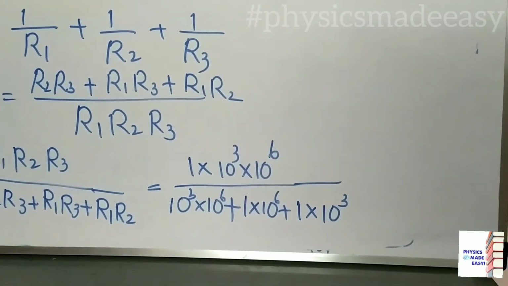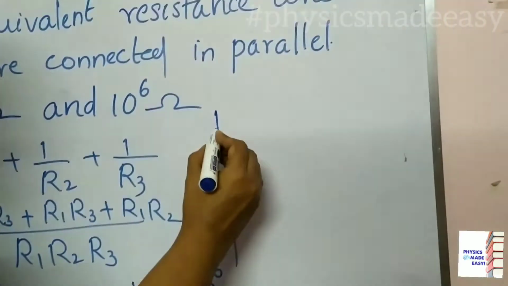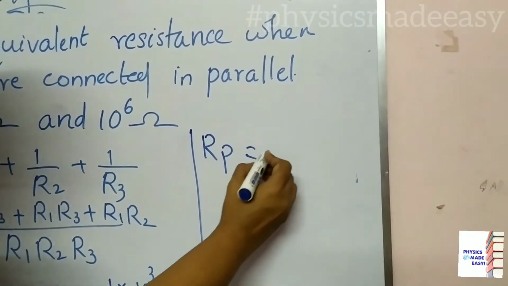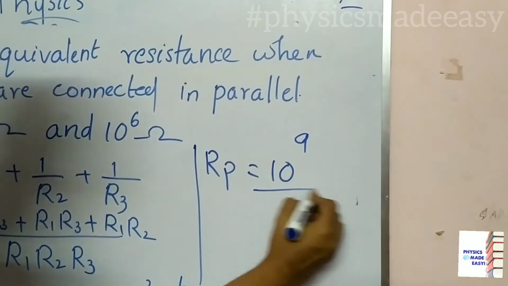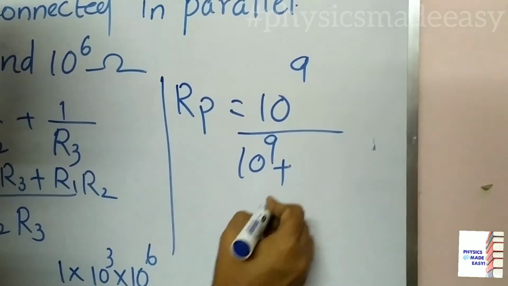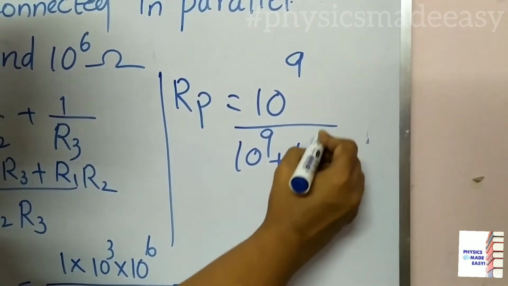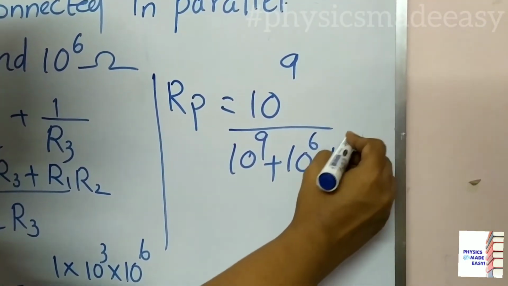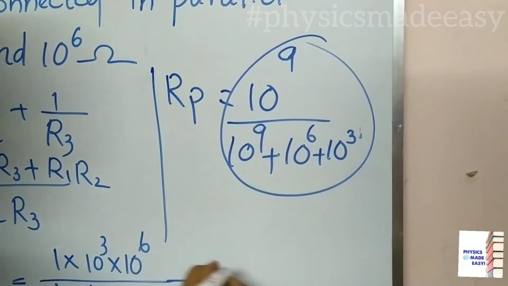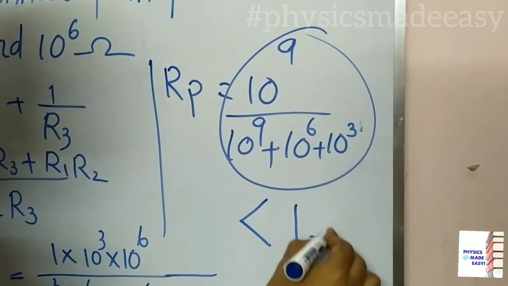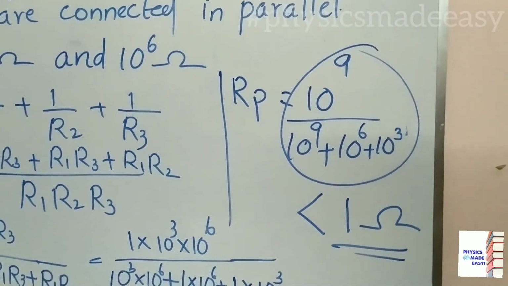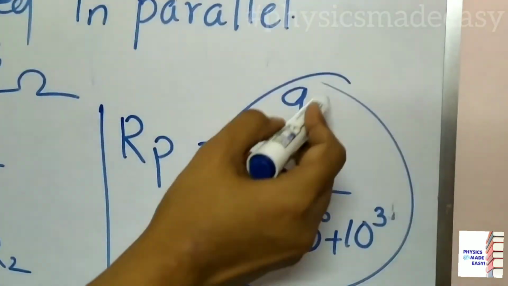Then how to solve this? Here you can see this Rp is equal to 10 raised to 3 into 10 raised to 6, you can write 10 raised to 9, the whole divided by here also 10 raised to 9 plus 1 into 10 raised to 6, 10 raised to 6 plus 10 raised to 3. If you solve this, you will get the value less than 1 ohm. No need to solve this, children. Directly you can write that. Why? In the numerator 10 raised to 9.